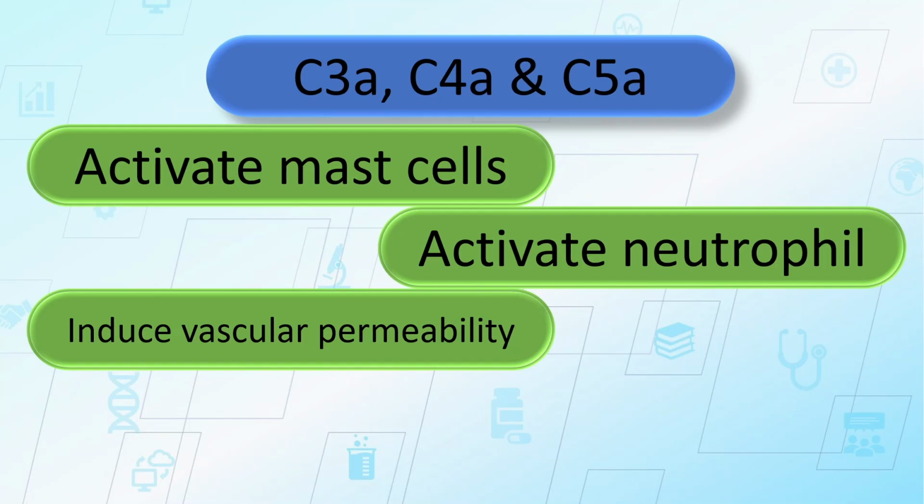These A fragments also have receptors on basophils and mast cells, which will induce the release of vasoactive amines packed within these cells, and which will aggravate inflammatory response. Basically, after inducing this inflammatory response, it will lead to attraction of more white blood cells to the site of infection. Again, it leads to a defense mechanism.